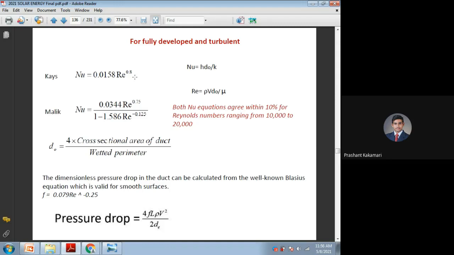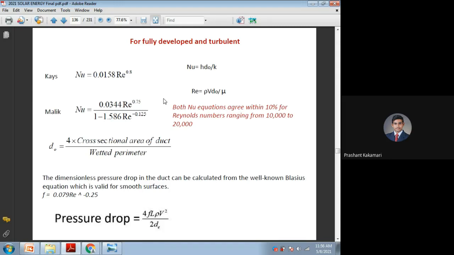All of you know why Reynolds number is very important, because it decides whether the flow is turbulent or laminar. If the Reynolds number is more than 2300 or 2500, we judge that the flow is turbulent. If it is less than that, the flow is laminar.